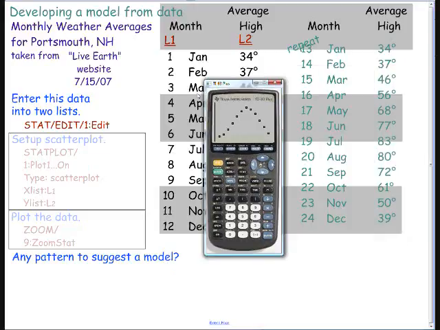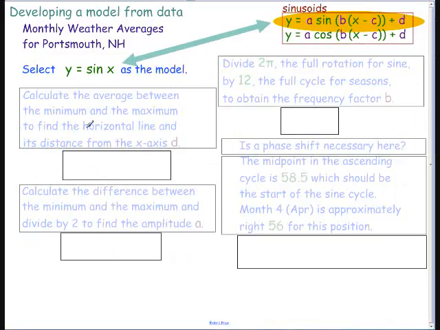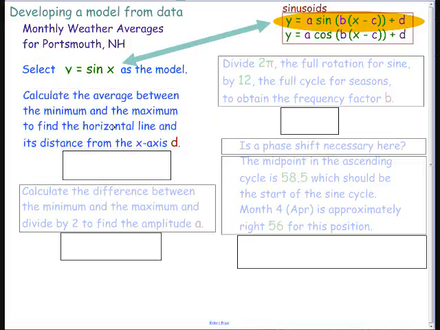Okay, so let's put this aside for a moment, and we'll think about what that model would be. I'm going to clear away those. Okay, suppose we select sine as a model. You might have wanted to select cosine as well, but I'm going to select sine.